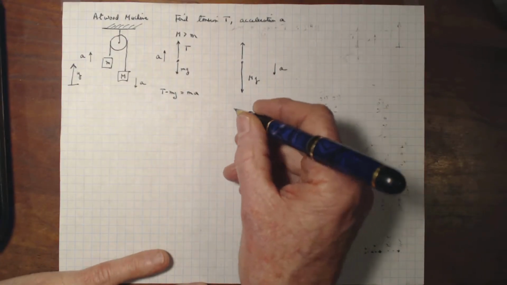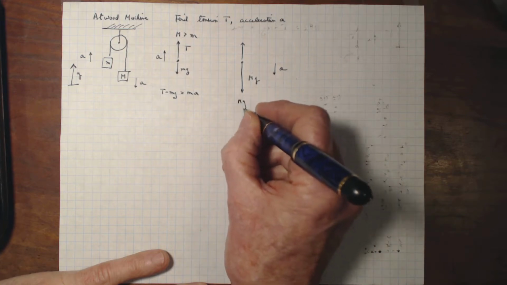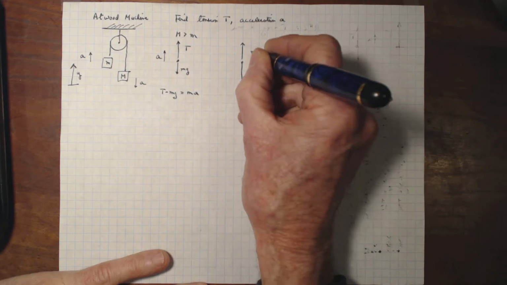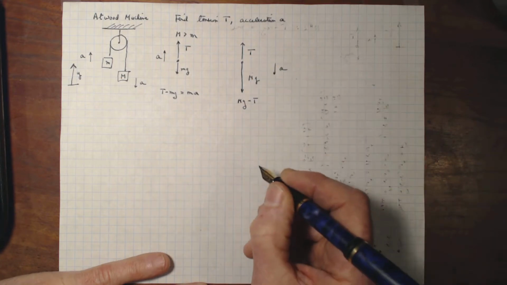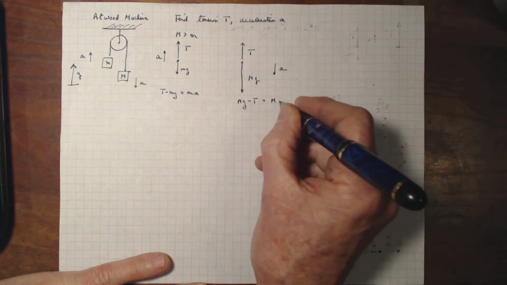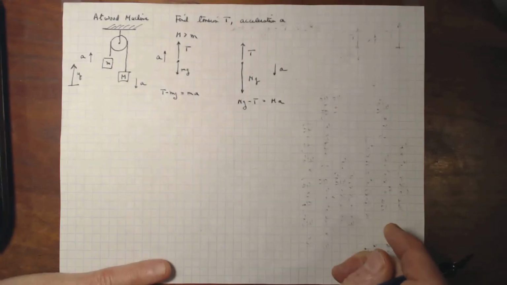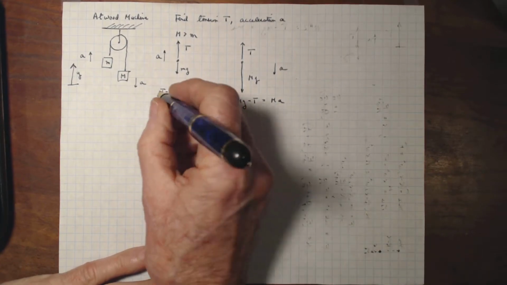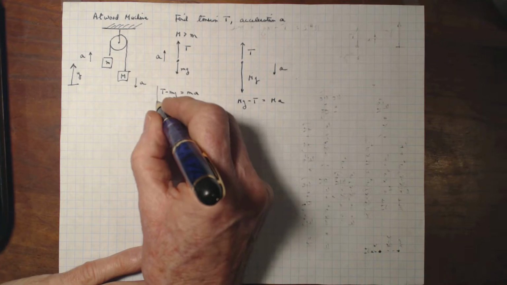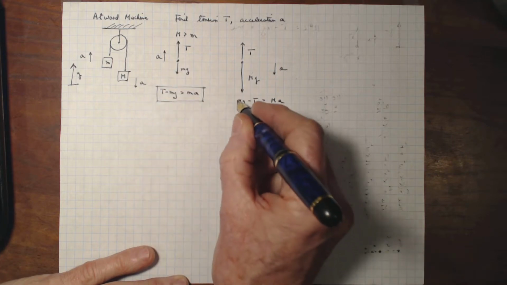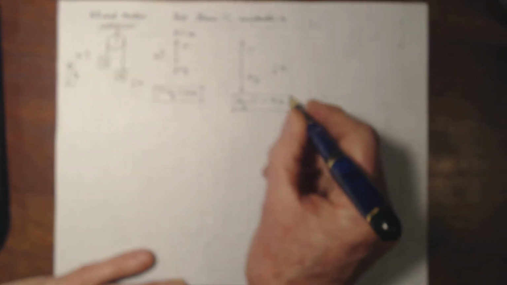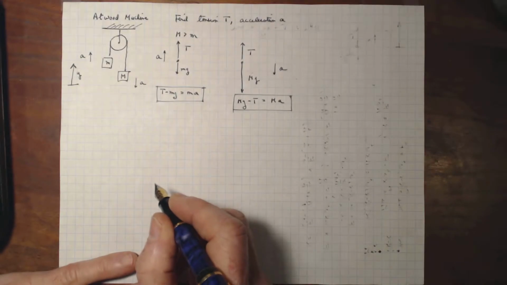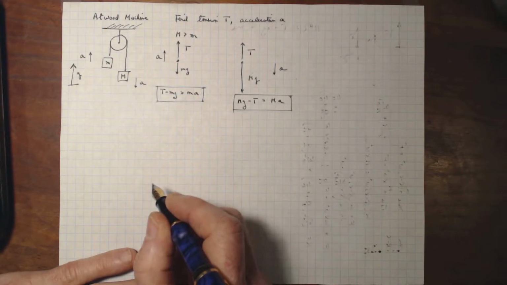And for big M, we can say big Mg minus T, forgot to label that, is equal to big M times a. Alright, so we have two equations. So here they are. I'll put rectangles around them.